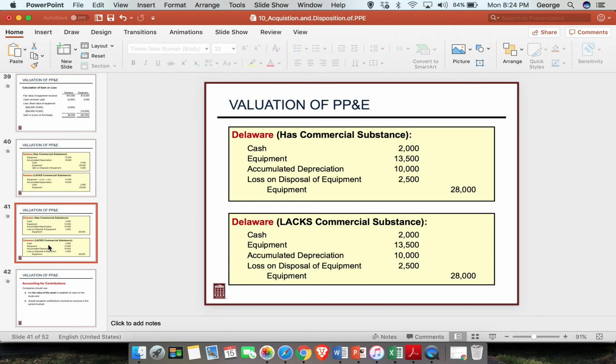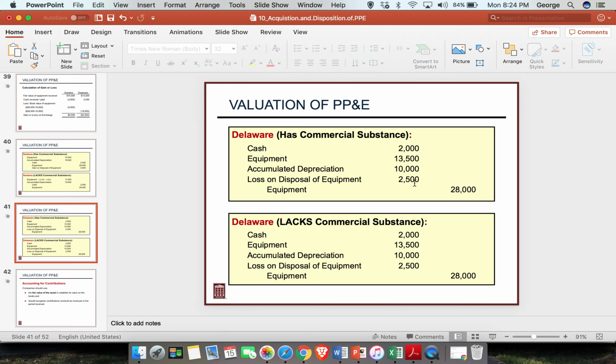All right, then here's Delaware. The first one, we're assuming it does have commercial substance. So they had debited cash, received 2,000, equipment 13,500, accumulated depreciation of 10,000. So we're 2,500 short here, and that's going to be charged. So we can kind of use a gap figure when doing this. When I did these problems in college, I would work these out, get all the debits and credits I knew. Normally your loss or gain can be a plug.